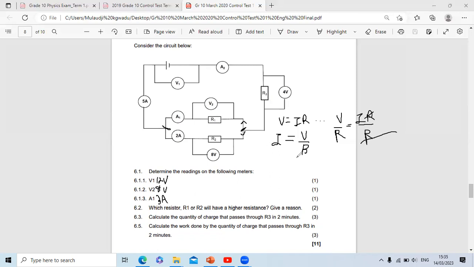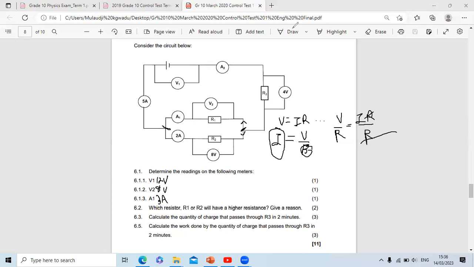If you look at your equation, 1 over 2 gives you 0.5, and then 1 over 4 gives you 0.25. So that means the larger your denominator gets, the smaller the current is going to be.